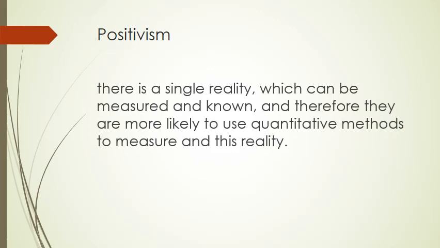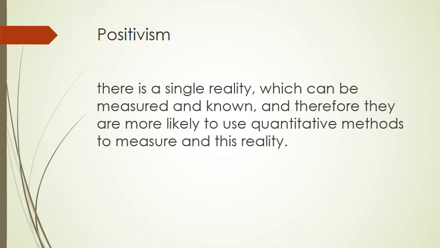Positivism research paradigm sees reality as one. There is only one truth. There is only a single reality which can be measured and known, and therefore they are more likely to use quantitative methods to measure this reality.